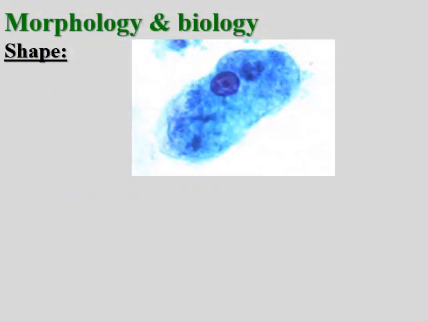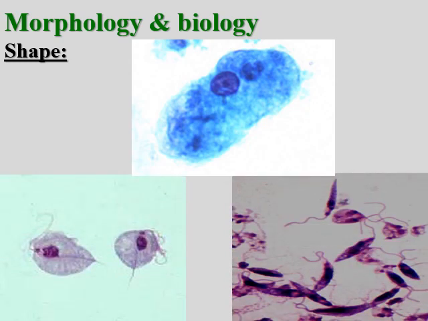Morphology and biology of the protozoa. Shape. There is no one shape or morphology which includes the majority of protozoa. The shape ranges from amorphous or ever-changing forms, as we see in amoebae, to rigid forms.